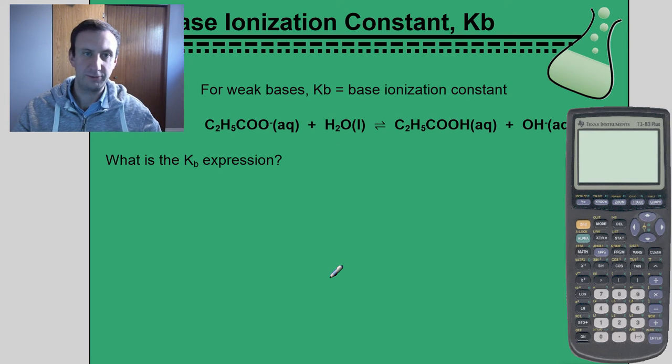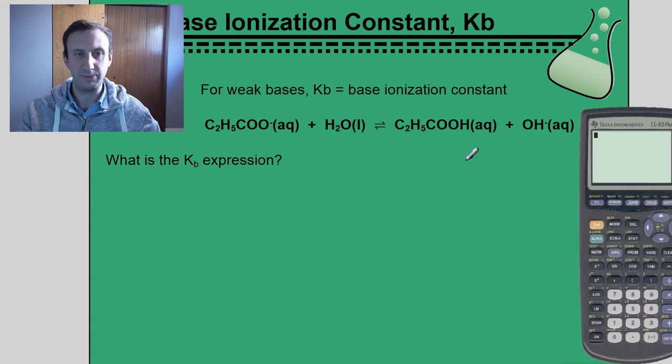Okay, so now getting into weak bases. For weak bases, Kb is my base ionization constant, just like Ka was my acid ionization constant. So for example, if I have this kind of weak base reaction of propanoate ion, something like that, reacting with water to make propanoic acid and hydroxide, and ask what is the Kb expression?